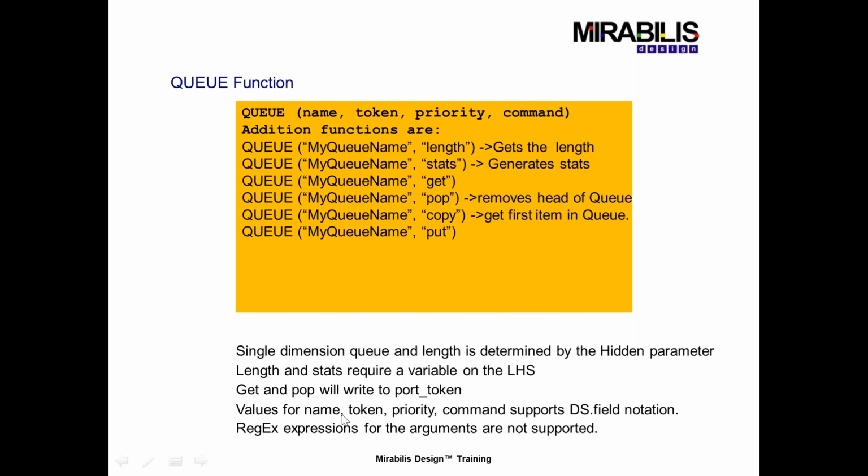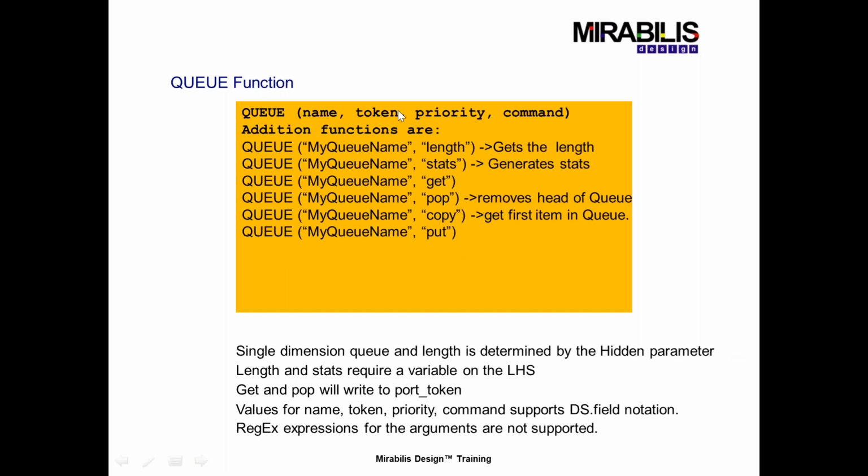So get, pop, and copy will write to port token. On the next line, if you use port token, whatever data structure was extracted from the queue is the one that will become the port token. For length and stats, you need to assign the result on the left-hand side to a data structure and a variable, or to a field of the data structure, and then that will continue down through the flow.